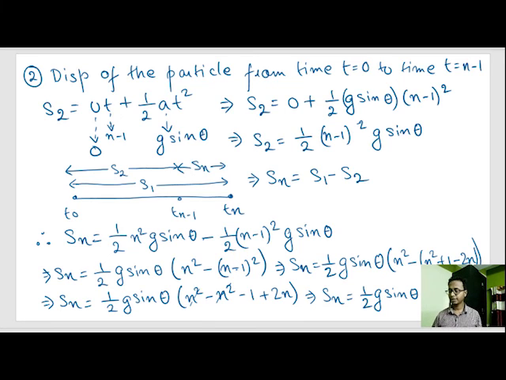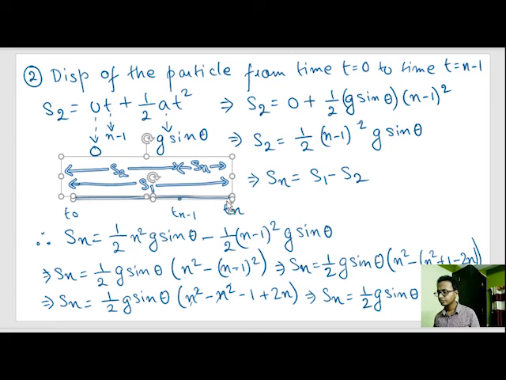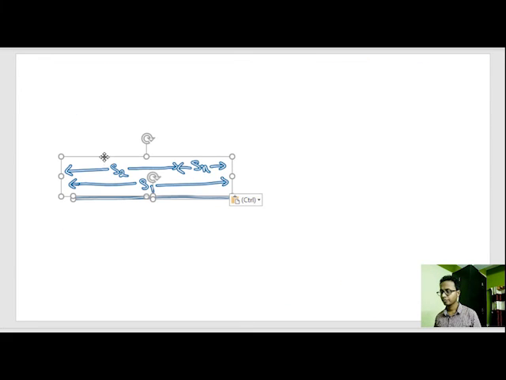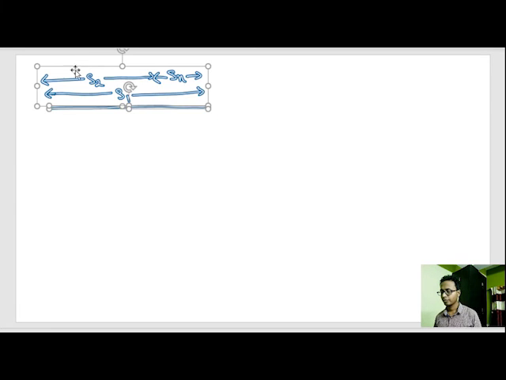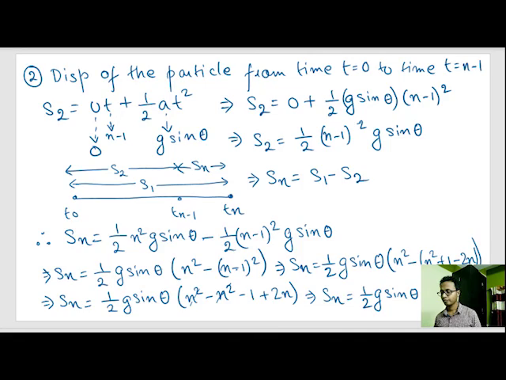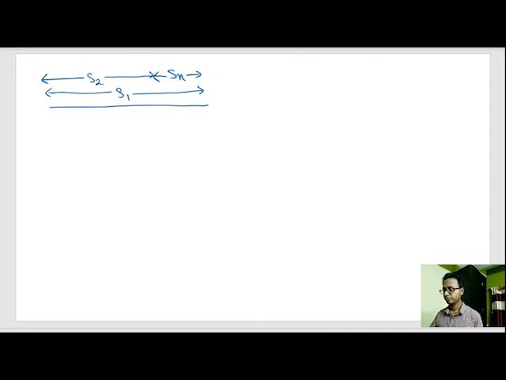Now similarly, let's copy this diagram. So this was from t is equal to 0 to t is equal to n, and this was the point t is equal to n minus 1.